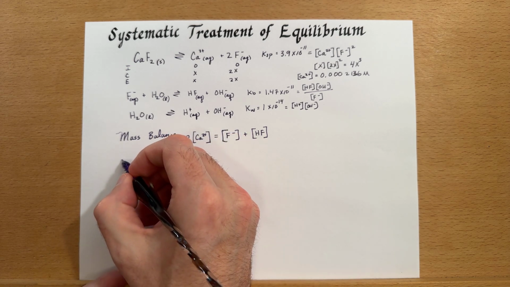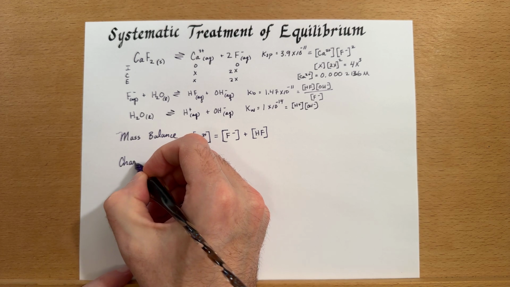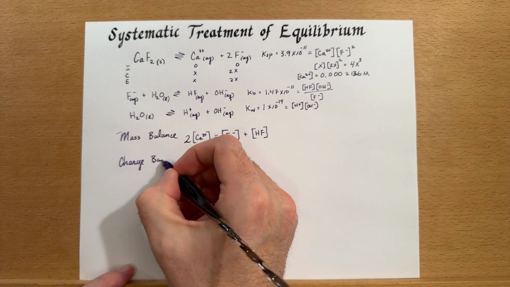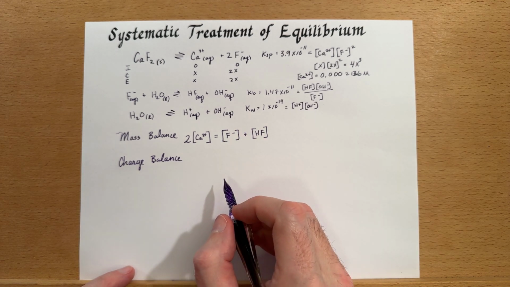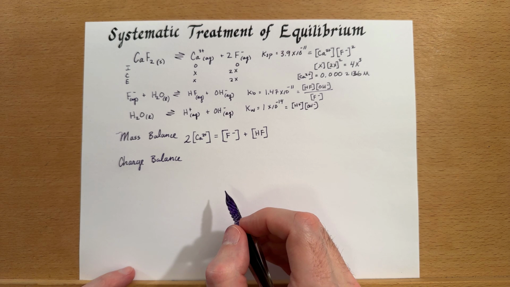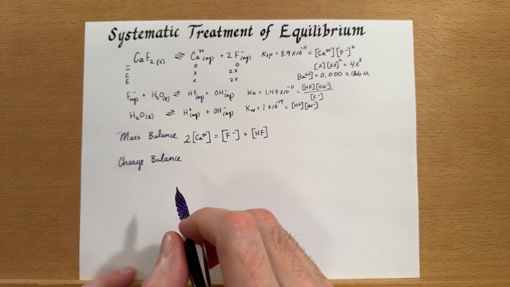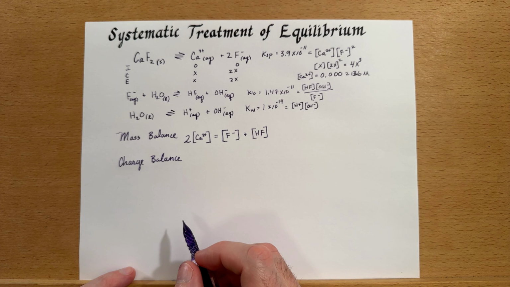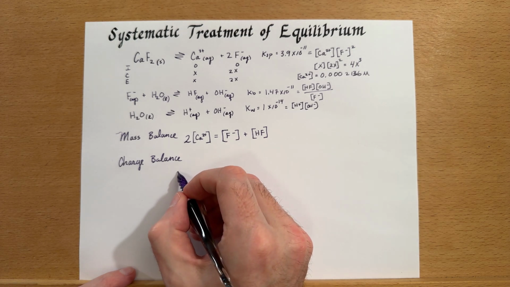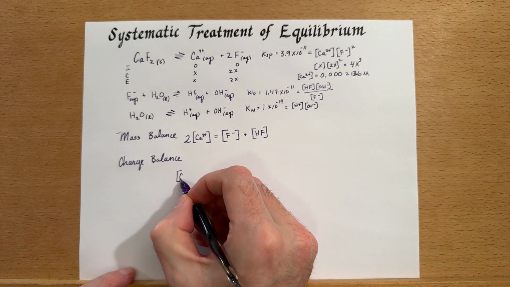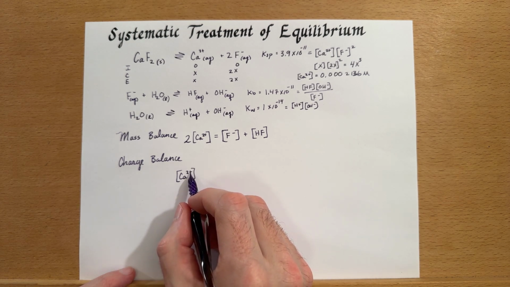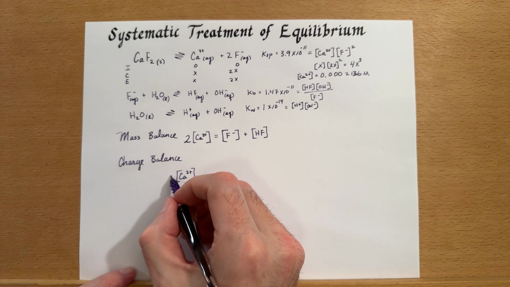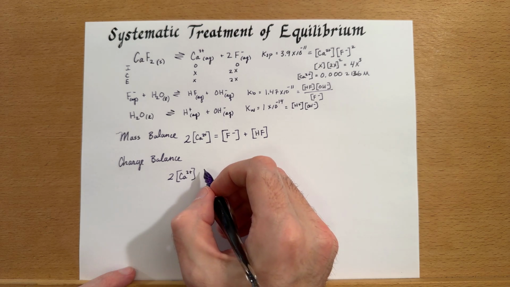Now let's look at a charge balance equation. The charge balance relies on the fact that we should have an equal amount of positive and negative charges within our solution. So since calcium has a 2 plus on it, we're going to multiply that concentration by 2.